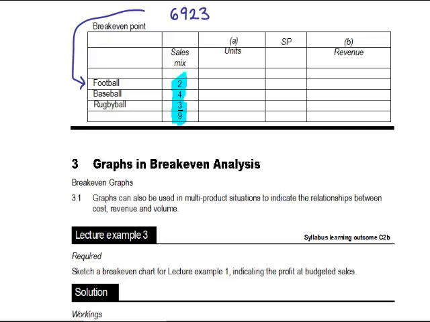So if we take our footballs, we're going to take 2/9 of 6,923, and that gives us 1538 footballs. If we do the same for baseballs, using 4/9, 3077, and for rugby balls, using 3/9 is 2308. So that all comes back to 6923.